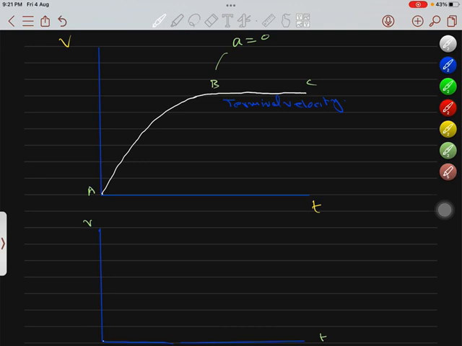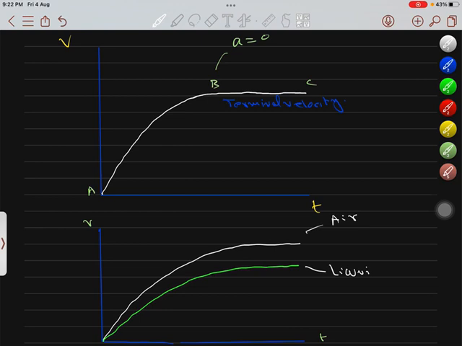If this is the graph of an object falling through or moving through air, so this will be the graph of an object falling through liquid. Why? Because liquid can offer more resistance. So the object will gain terminal velocity more quickly. Okay, so the value of the terminal velocity in the liquid will be less than in the air.